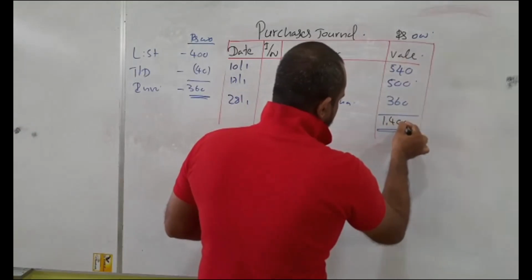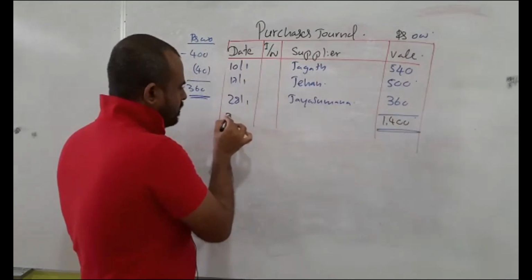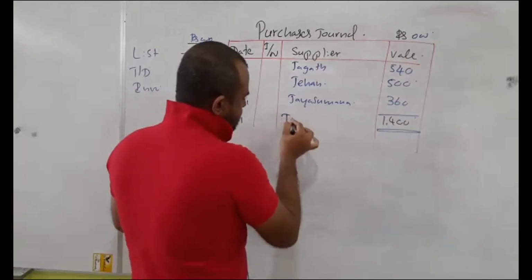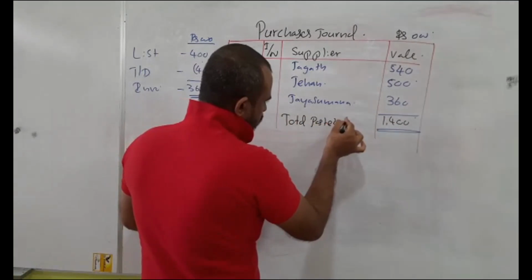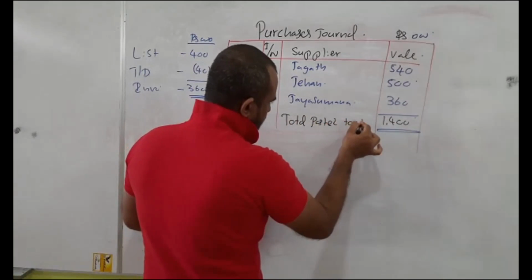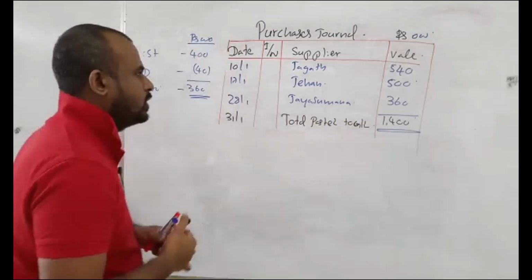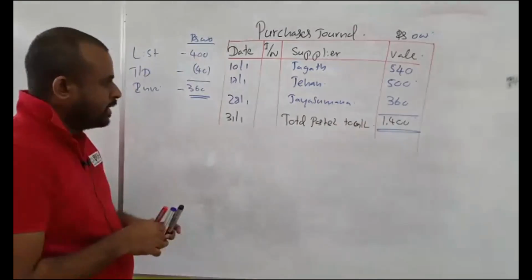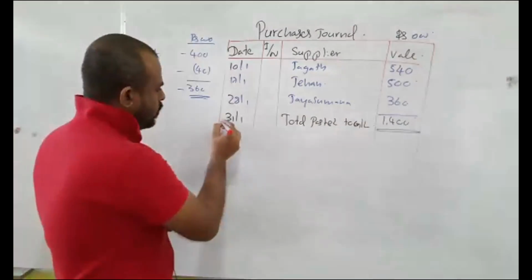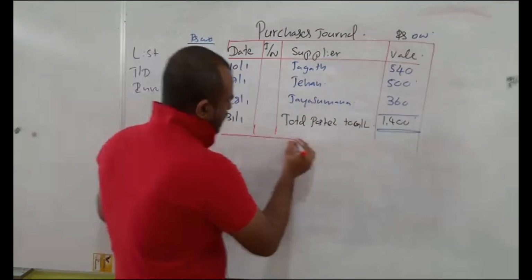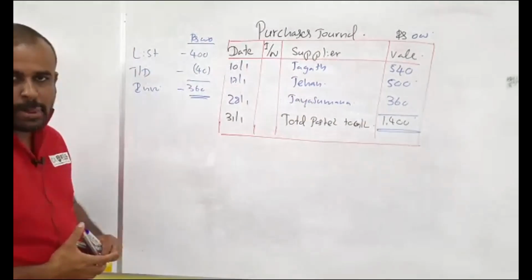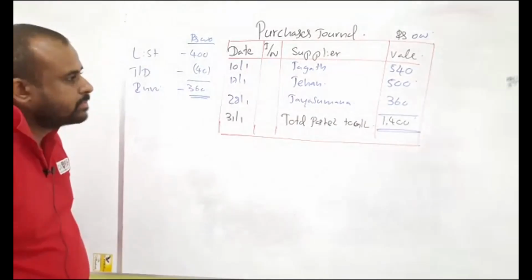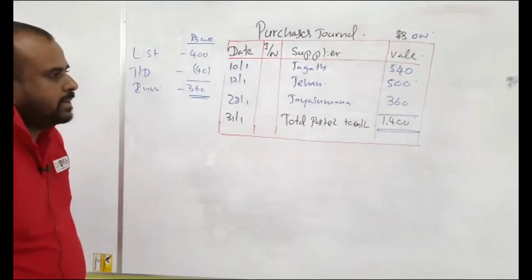You all can use the calculators in taking the totals. 31st January, total posted to general ledger. Total posted to the general ledger. Clear? Right.